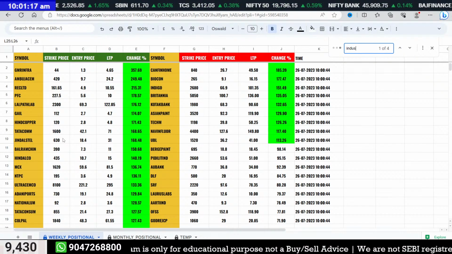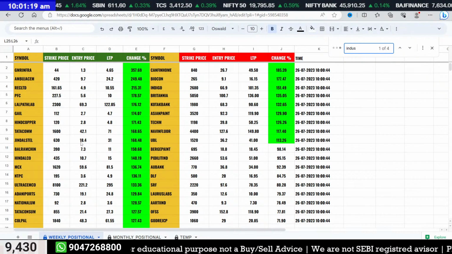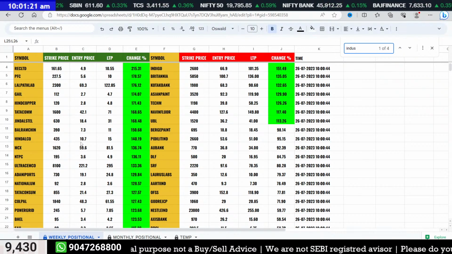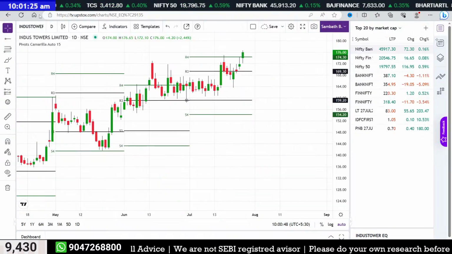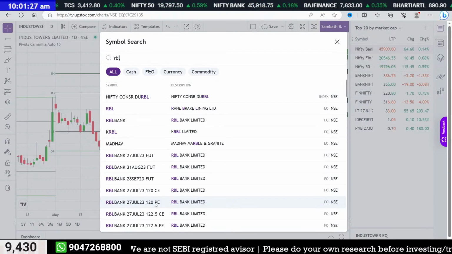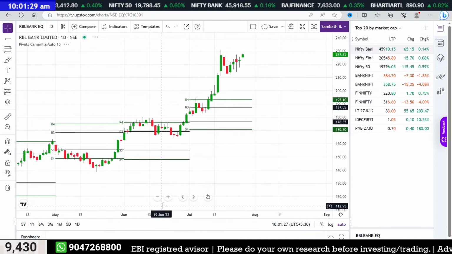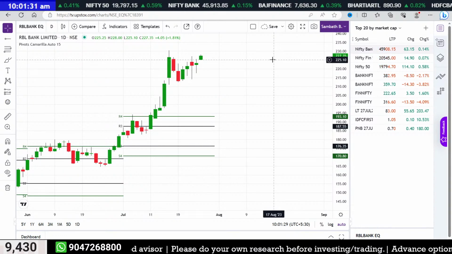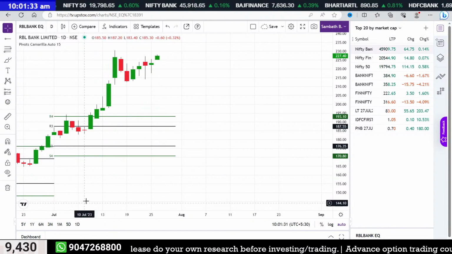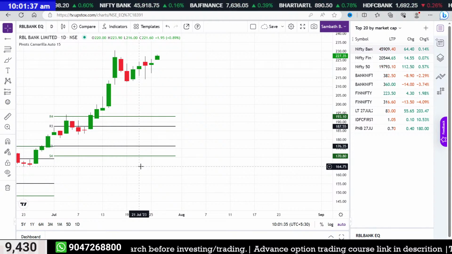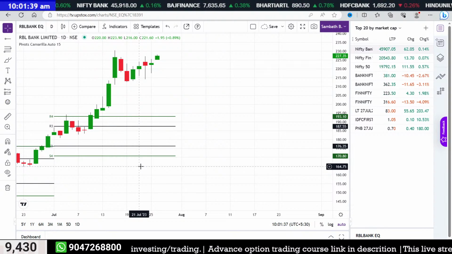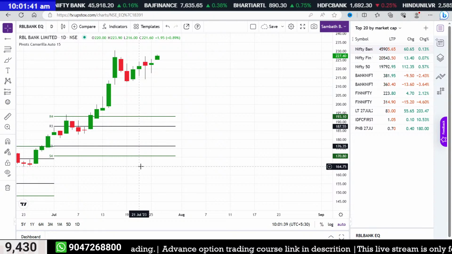RBL Bank has already given you such a big opportunity that we already got. It has already moved higher. In this month it is a top performer and has given you such a big opportunity, and that was a stock which we found this month.